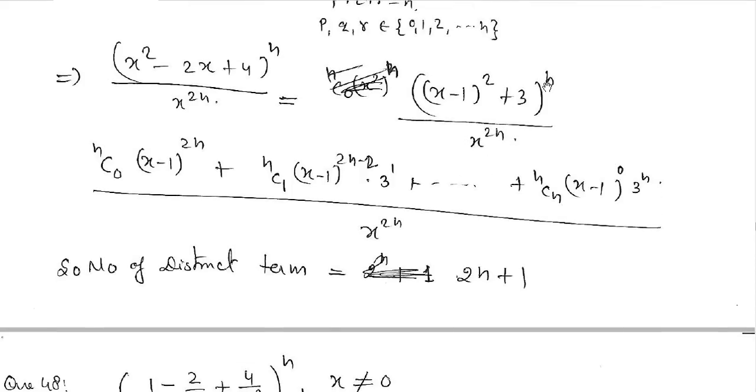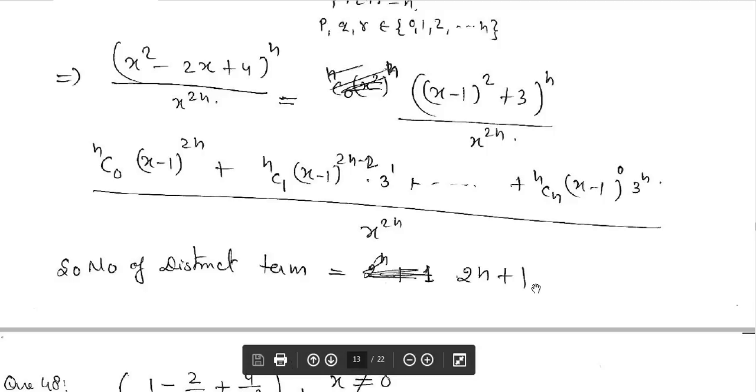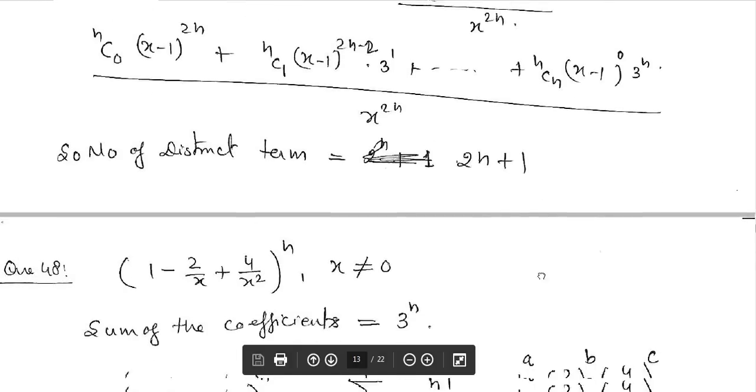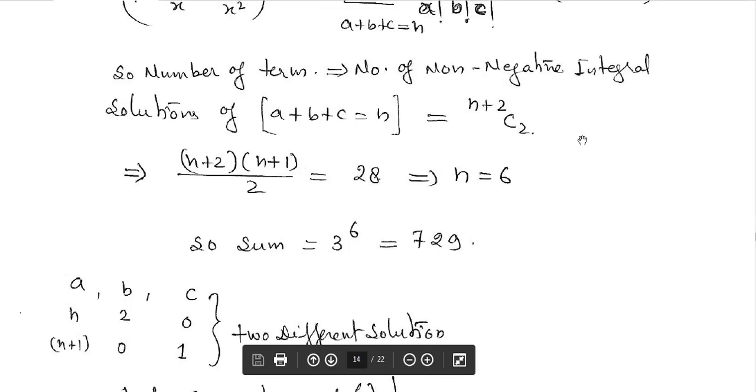If you expand it by the binomial theorem, you will get this. Now these powers are less than this power, so whatever term will be at this place. So the number of distinct terms would be 2n plus 1, and this 2n plus 1 cannot be equal to 28. Hence everyone should have bonus marks in this question.